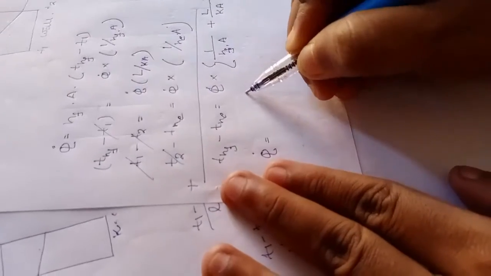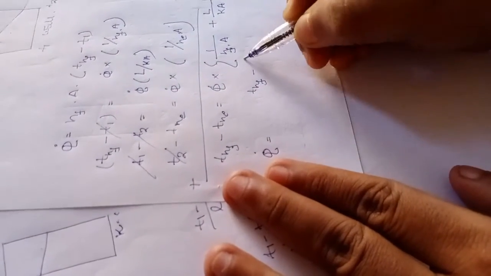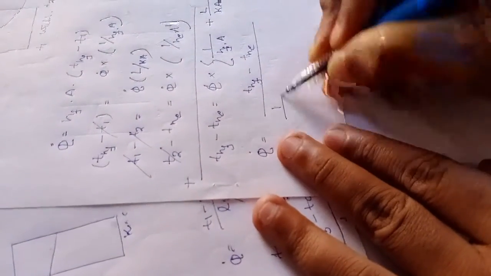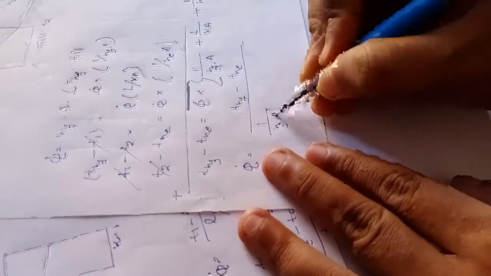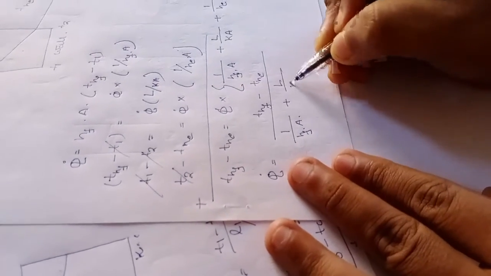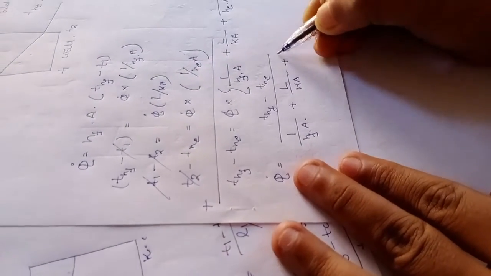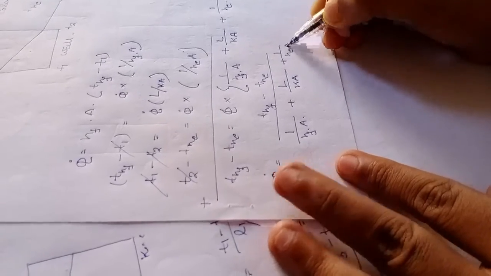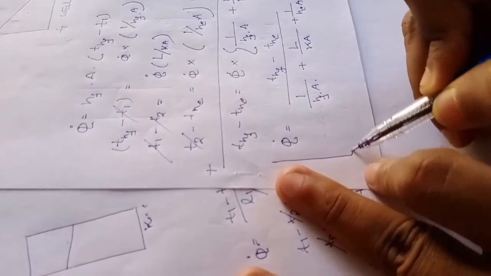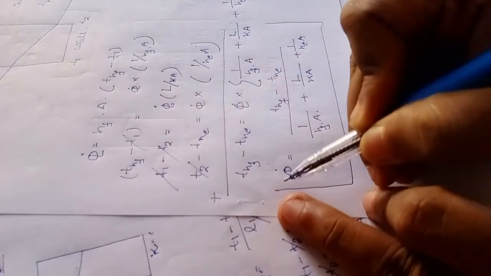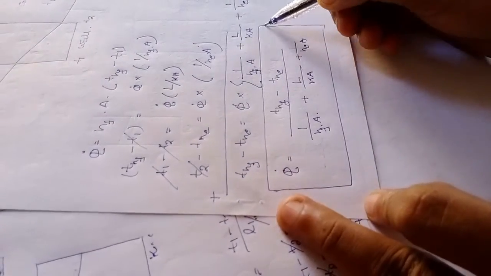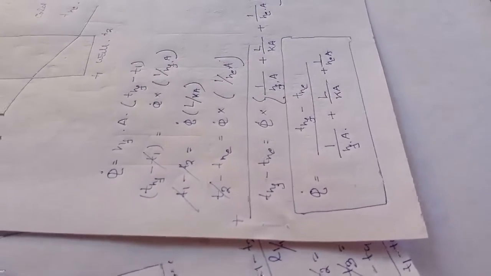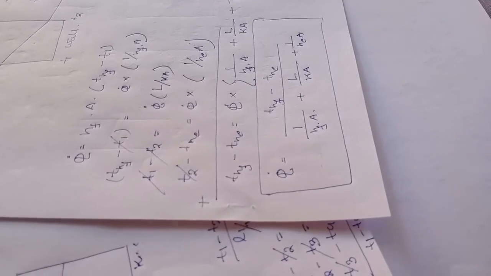It will become (THF minus THC) divided by (1 by HF into A plus L by KA plus 1 by HC into A). So this is the equation if heat is transferring from hot fluid to cold fluid through a plane wall.